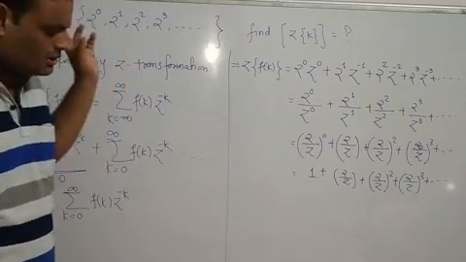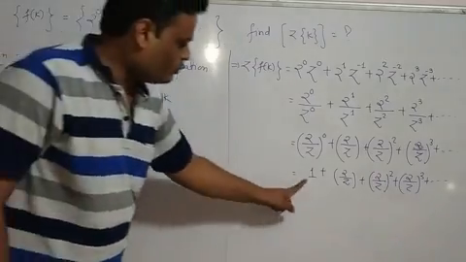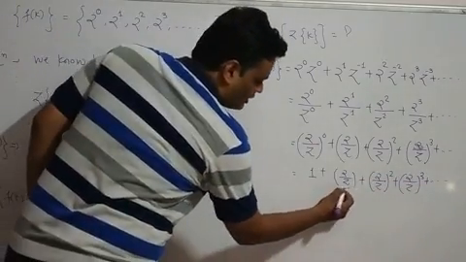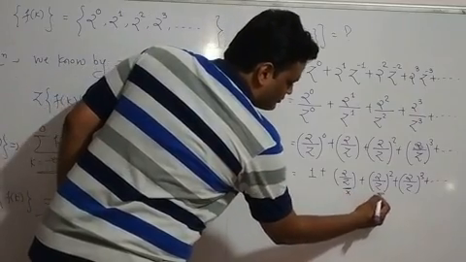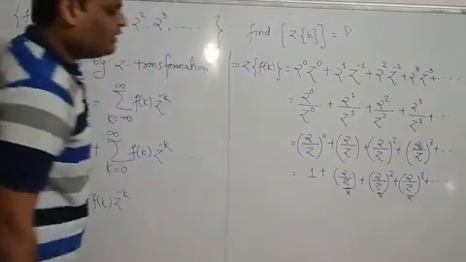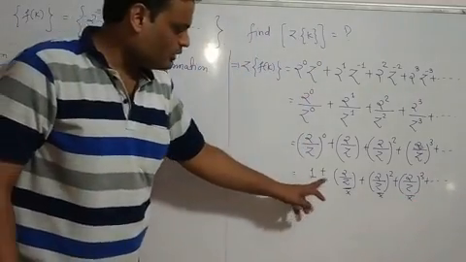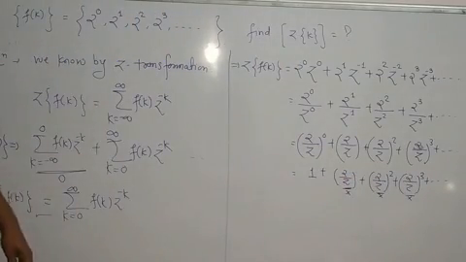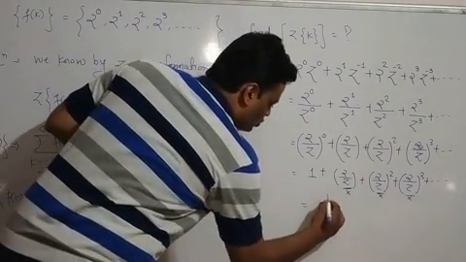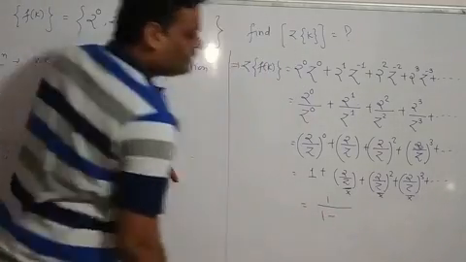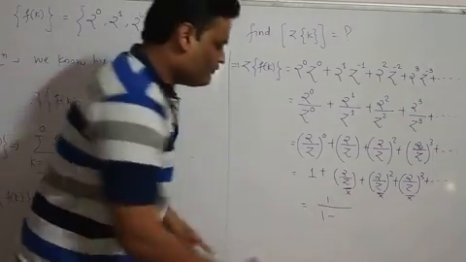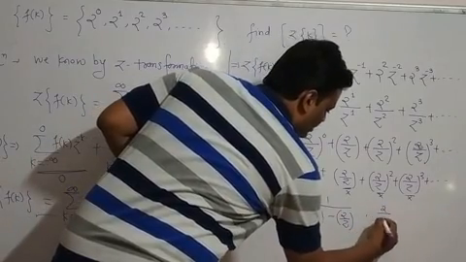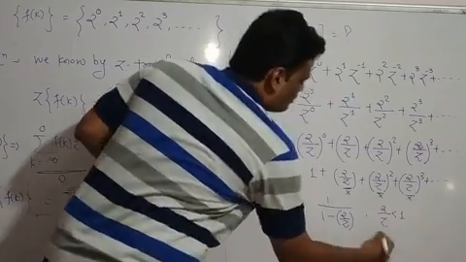If you compare it with 1 plus x plus x square plus x cube and so on, this sequence will converge to 1 upon 1 minus x. And what is the value of x? It is 2 by z.